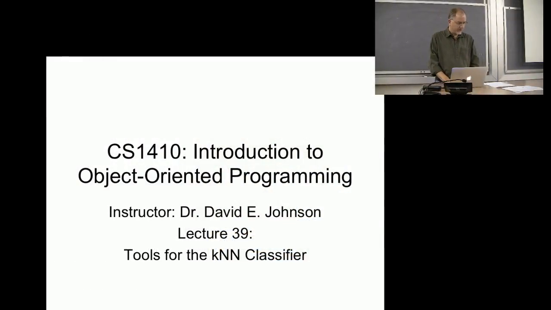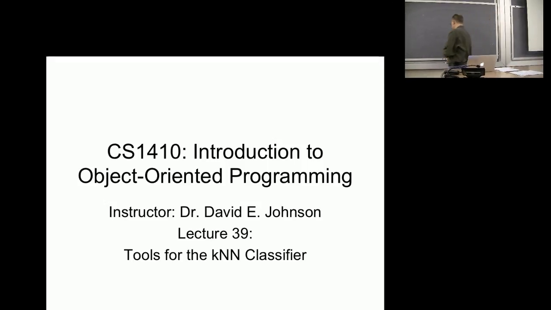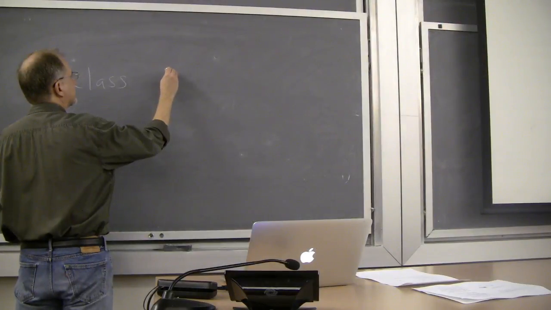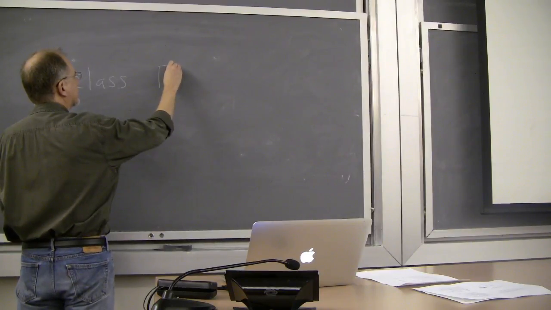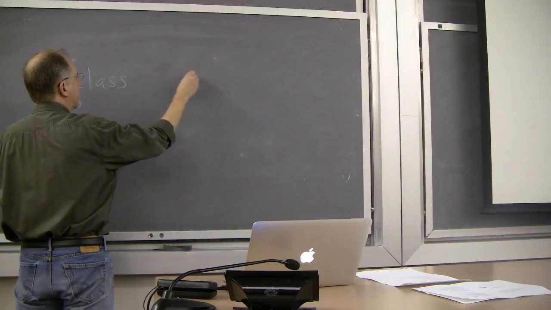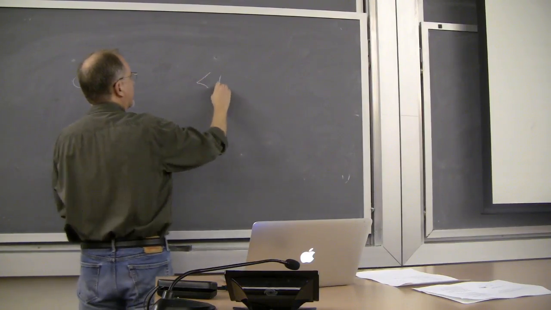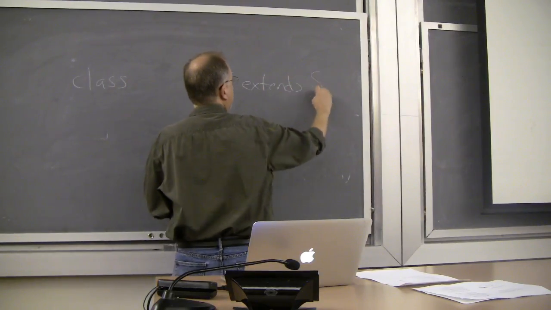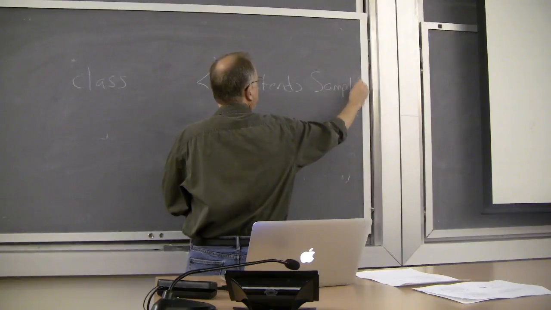All right. So last time I started talking about this k-nearest neighbor classifier, and then started getting into some complicated generics aspects. And the main thing that came out of that, remember, was that we had the generic part where we had E extends Sample as the generic.